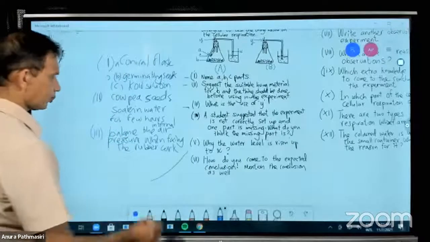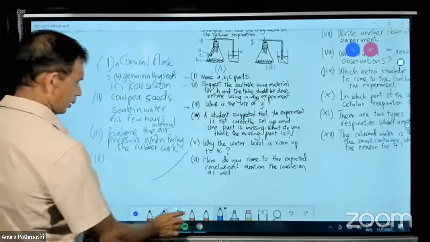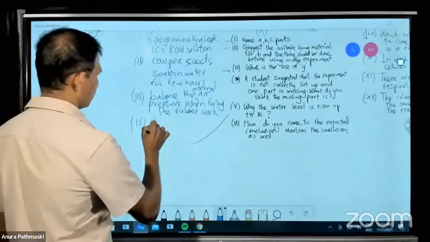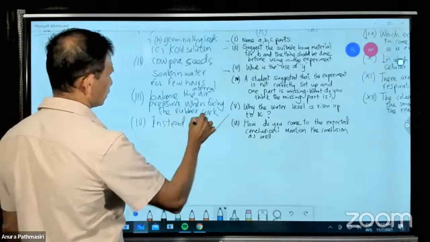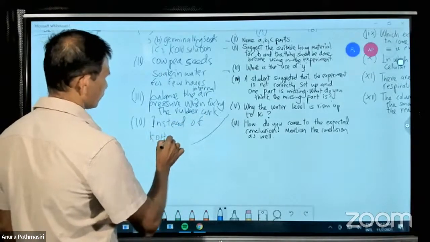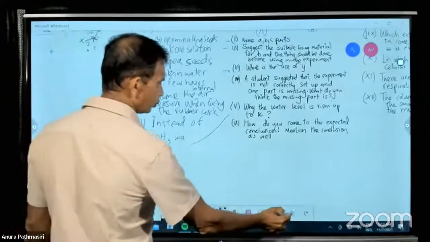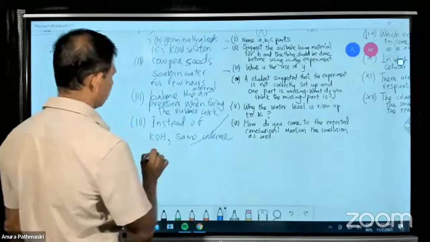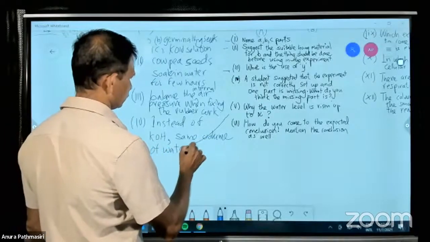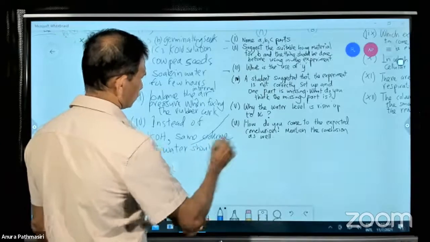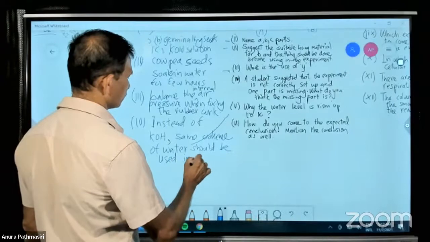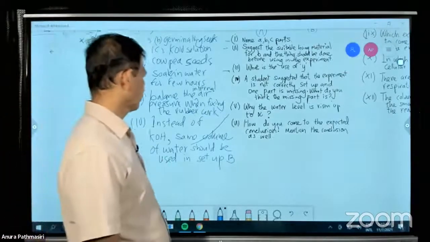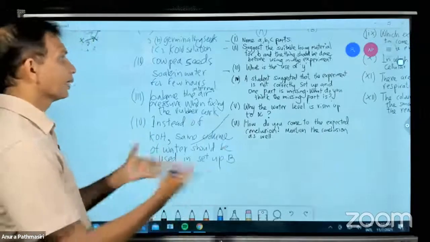And the fourth answer: instead of KOH, the same volume of water should be used in setup B, to balance it.